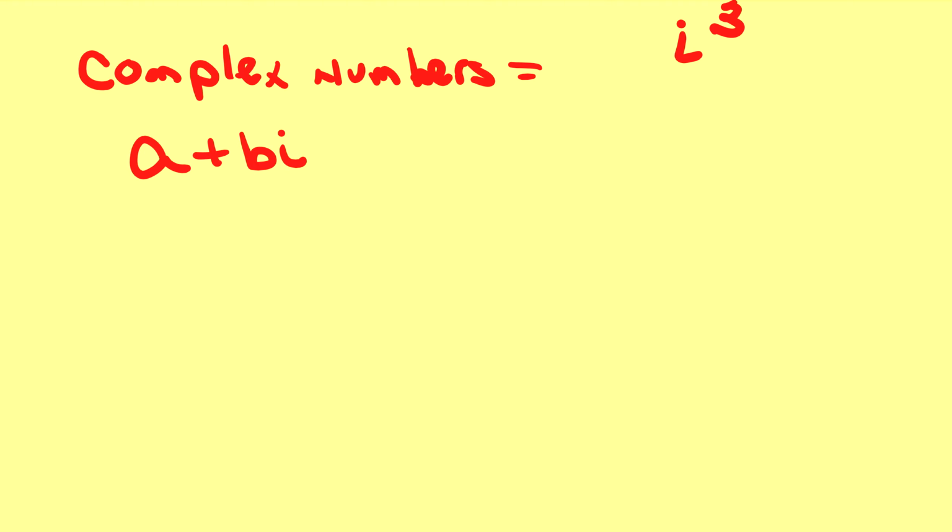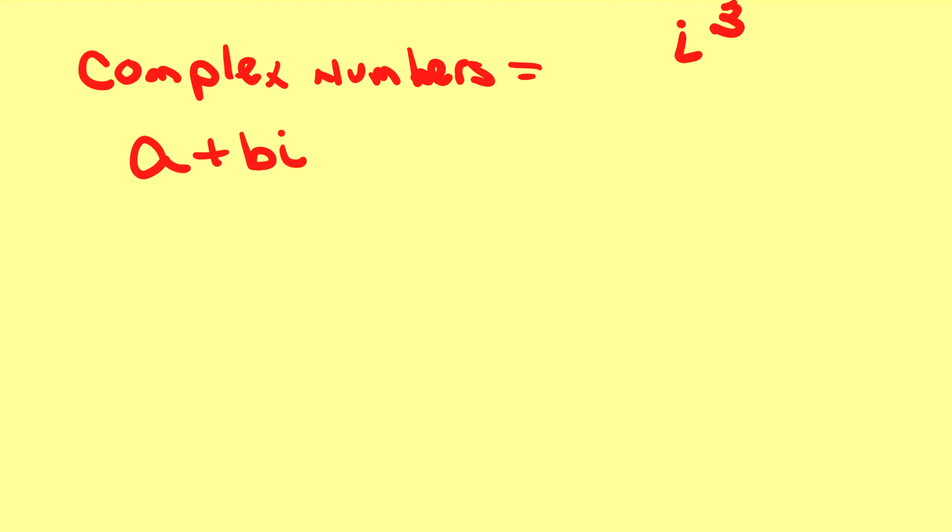This is called the standard form for complex numbers. The number a is called the real part of the complex number. The number b is called the imaginary part, because it's multiplied by i, and i is the square root of a negative number. All right, so every real number is a complex number.